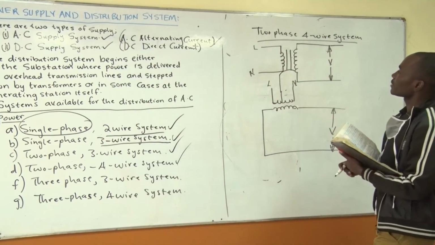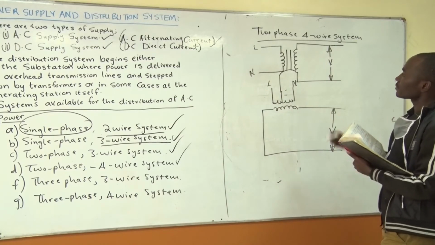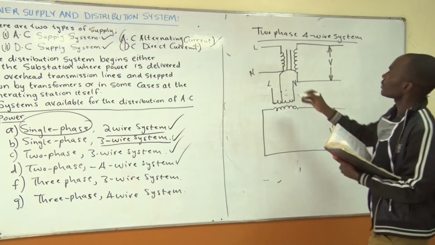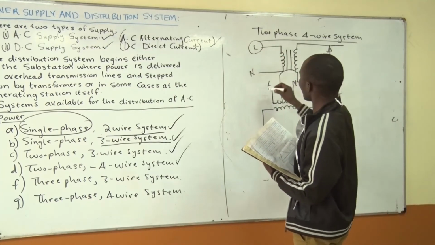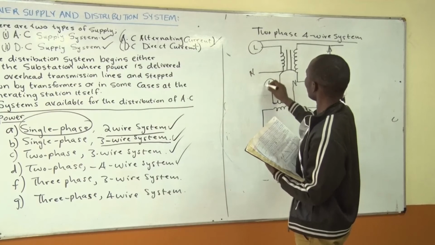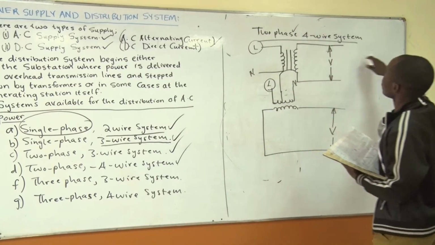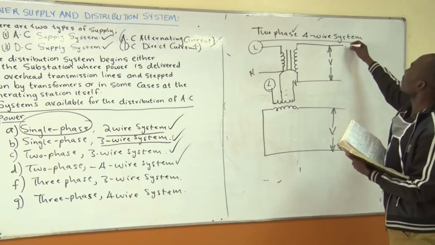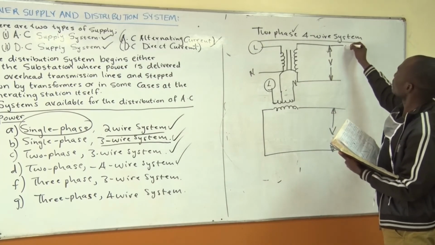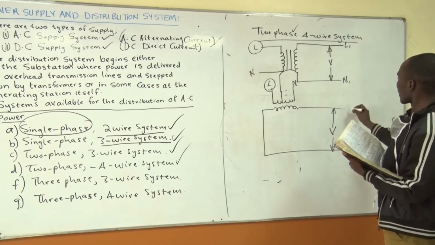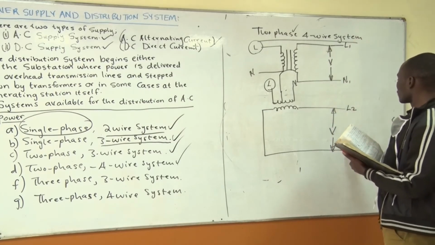So from the incoming side, you can see that we have got 2 transformers, whereby each transformer is a single phase. So the combination of these 2 live wires, the phases alone, will give us the 2 phase. Then from the outgoing side, we have got 4 wires, which is live 1, neutral 1, live 2, neutral 2.